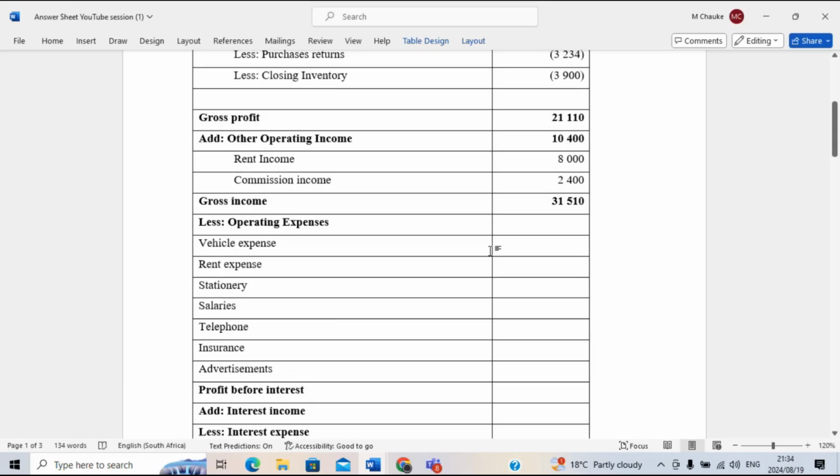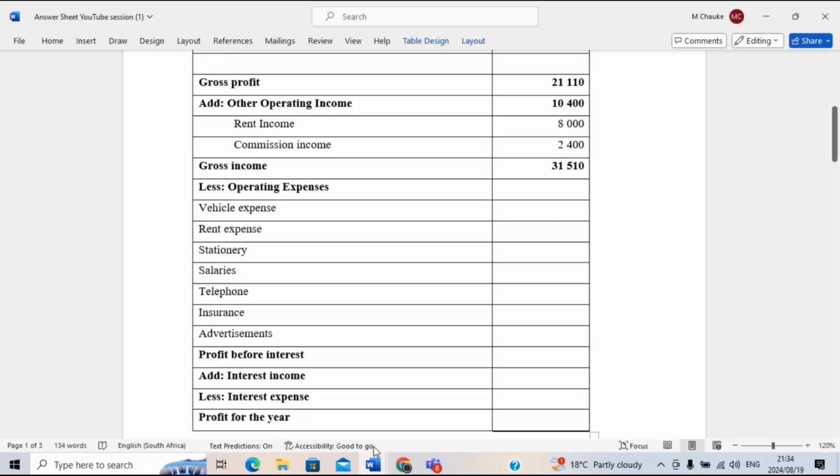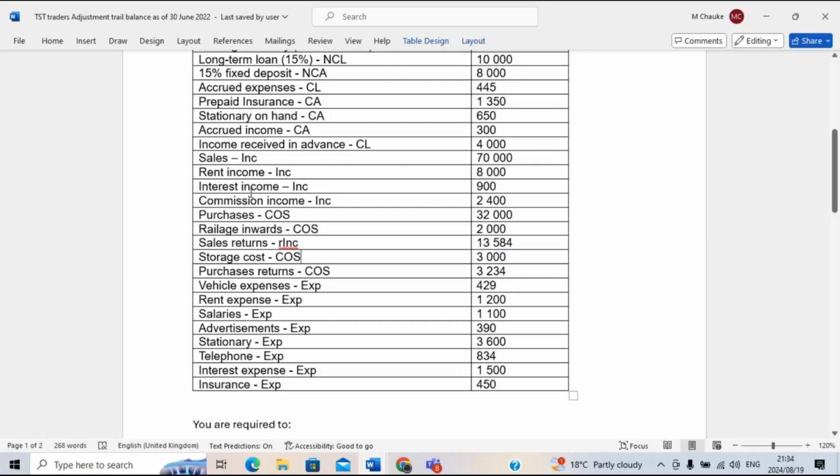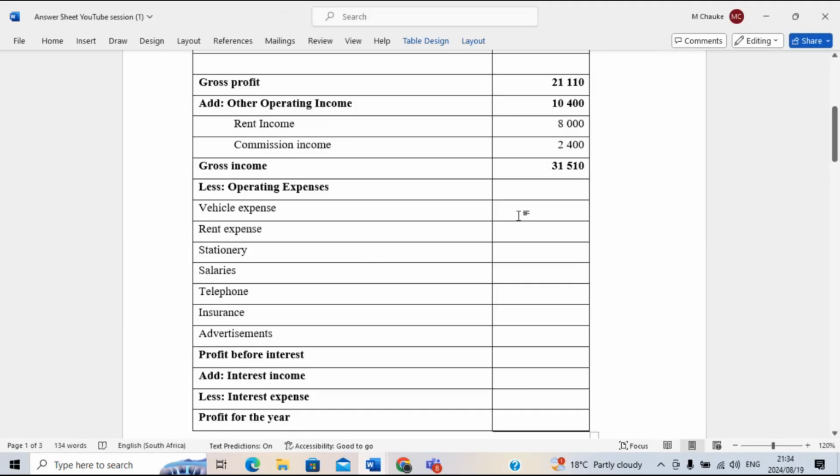Here, how much is our vehicle expense? Let's go to the answer sheet there. Vehicle expense, it's how much there? It is 429. Vehicle expense is 429. Rent expense, I mean to say.